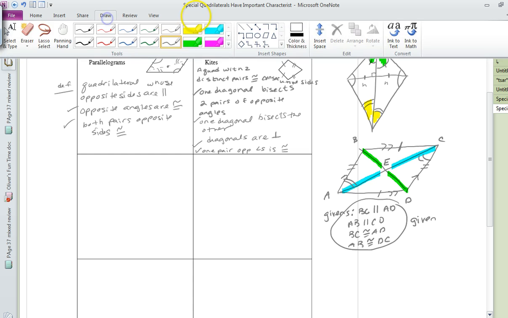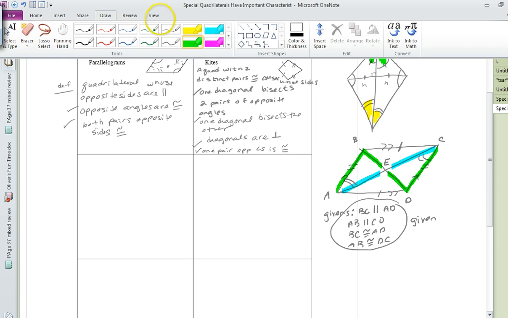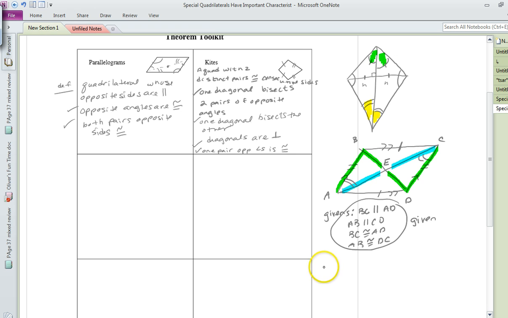If these two lines are in fact parallel, I can use them to show that angle BAC is congruent to angle DCA by alternate interior angles.